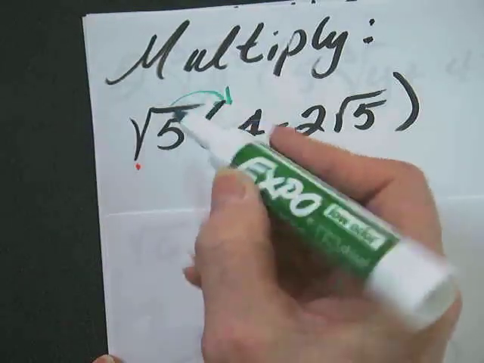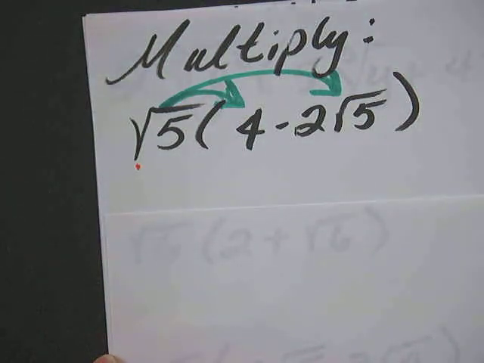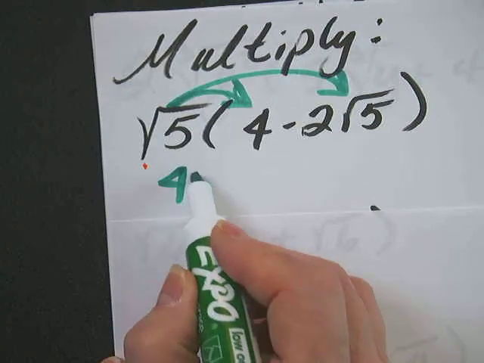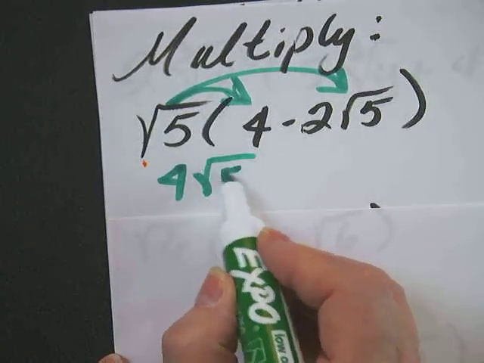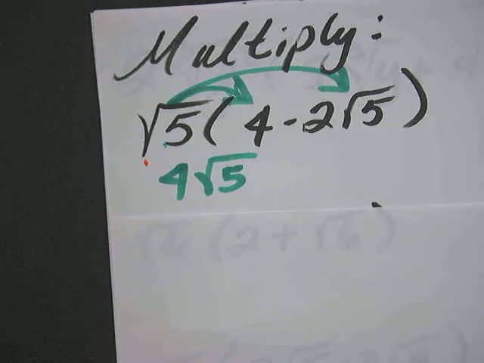We've done add and subtract. Now we're jumping into multiply. Might as well make it bigger, easier to see. One number on the outside, just like you did when you had variables.